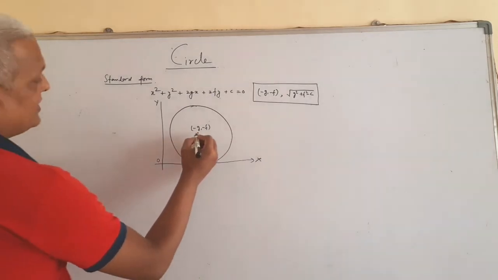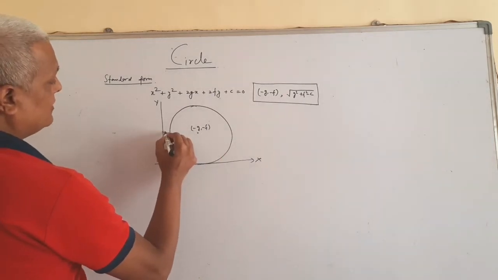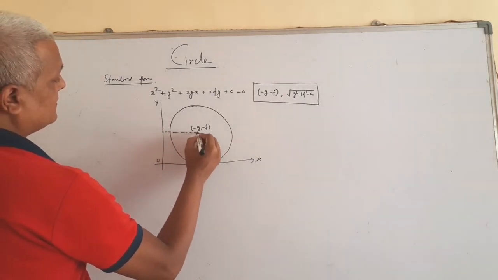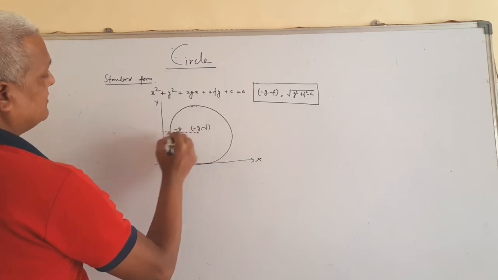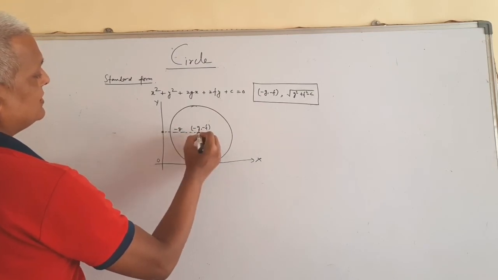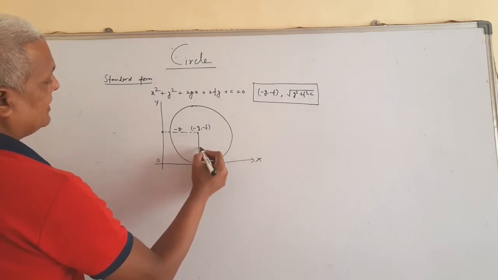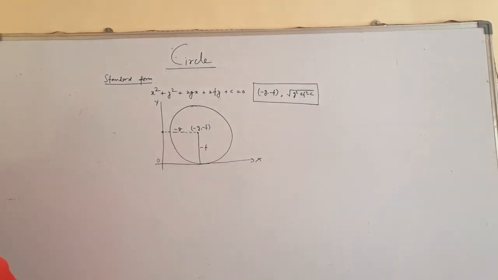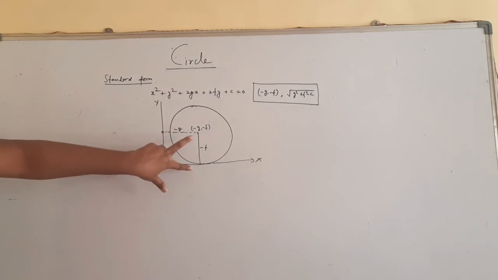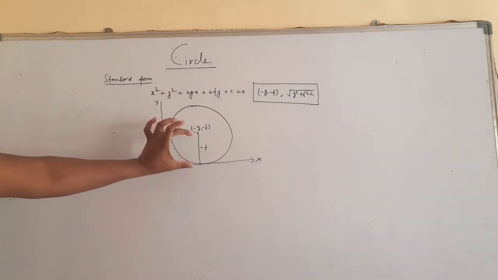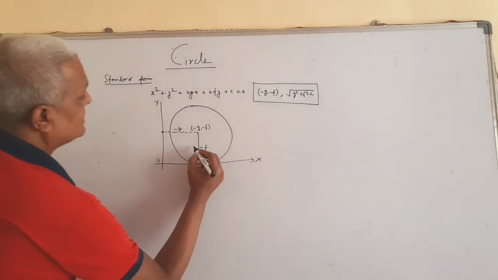Now if from here I drop a perpendicular, then you see that minus g will be from this point to this point, but if I drop a perpendicular here, this point is minus f. So now you can directly conclude that this is the case where the radius of the circle is just minus f.